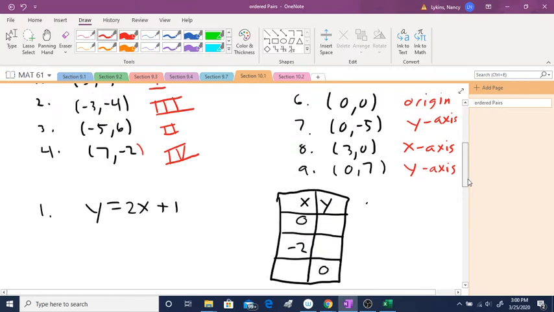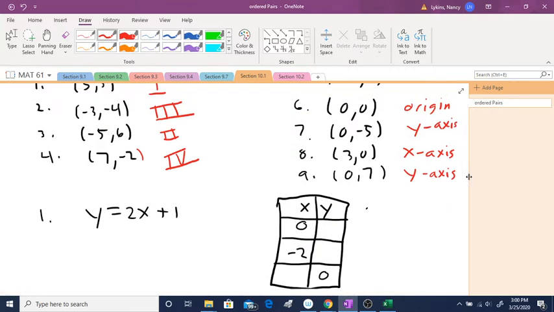Now, what they're going to give you is an equation, and they're going to ask you to fill in the blanks of the table that's on the right. So they give you some x values and a y value, and all you have to do is plug in the value.